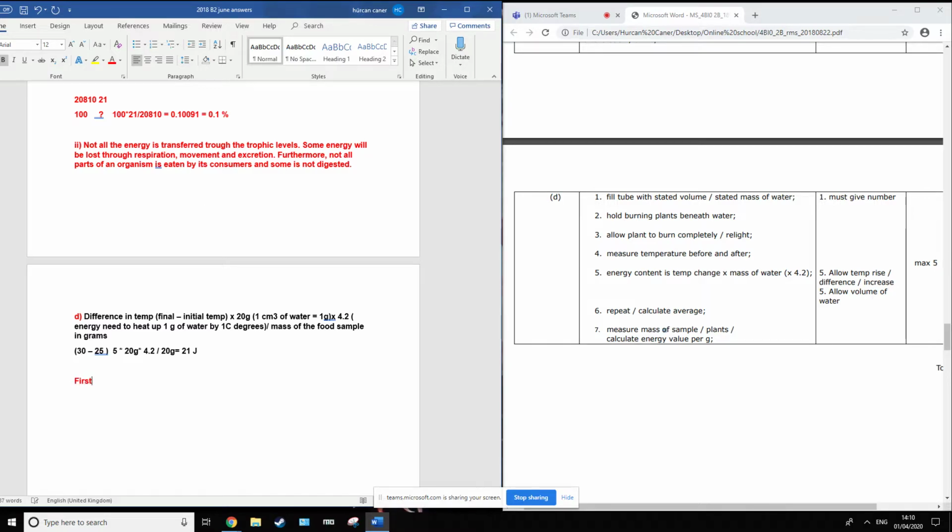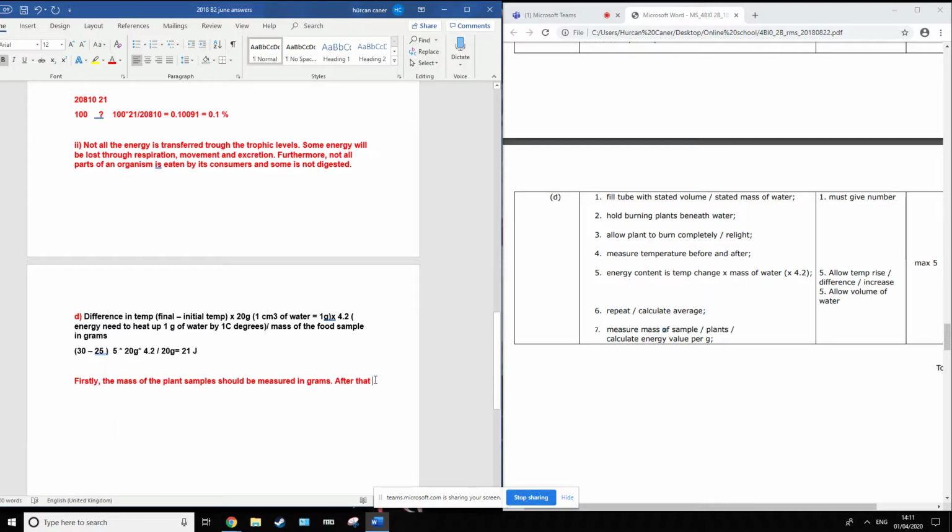Firstly, the mass of the food of the plant samples should be calculated or measured in grams. Should we say weight in grams? Yes, you can say that.